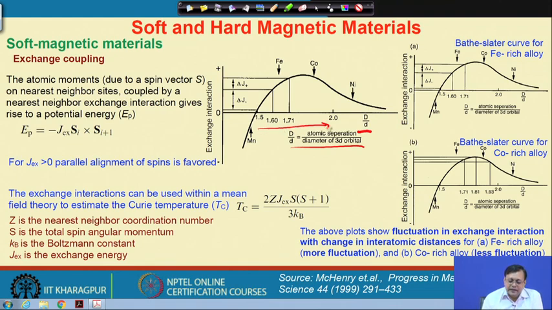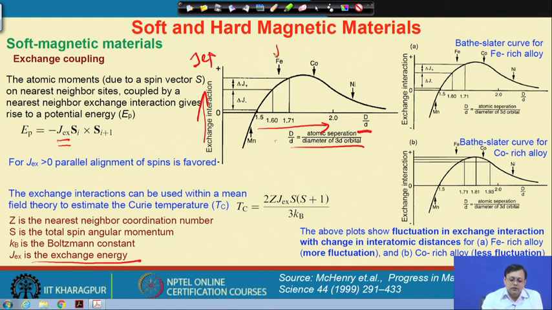This is the x axis, and in the y axis this is the exchange interaction energy, J.